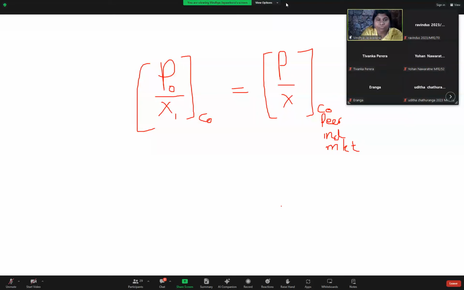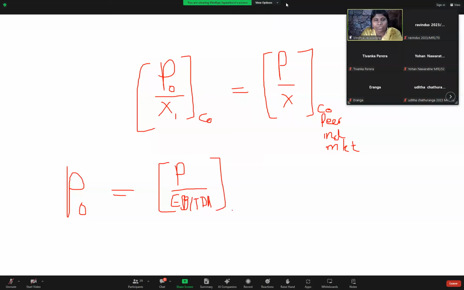So if I want to find the price of my company, it equals the price to whatever of my peers, in this case EBITDA, the peer average, multiplied by my company's denominator. So my company's EBITDA.